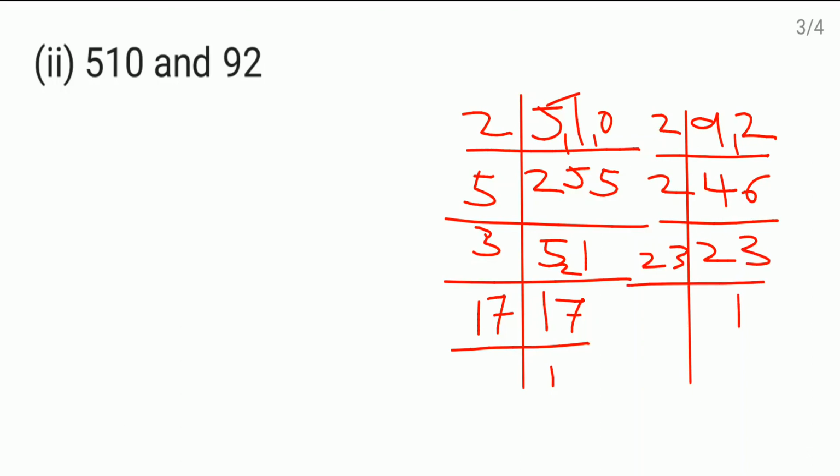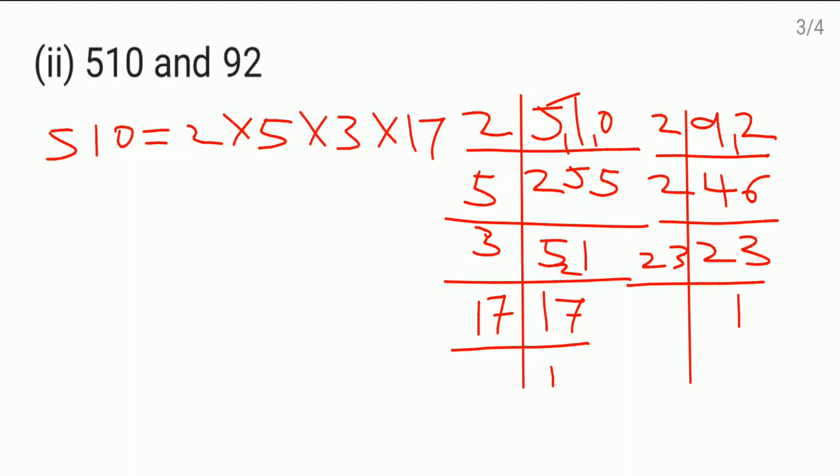So I'll write 510, which is equal to 2 into 5 into 3 into 17. And 92, which is equal to 2 square into 23.